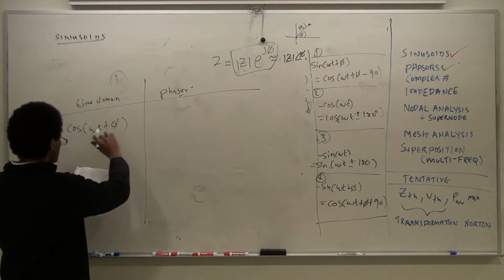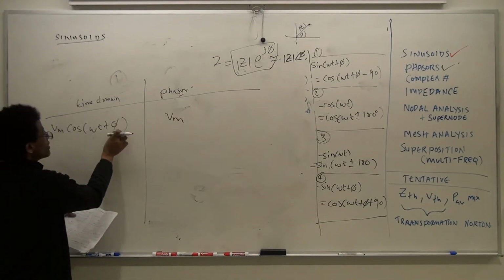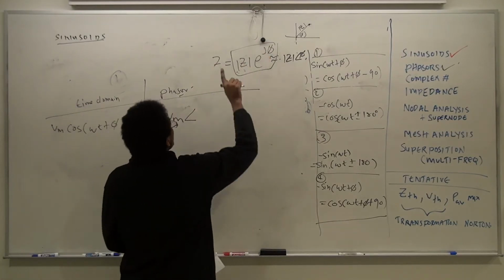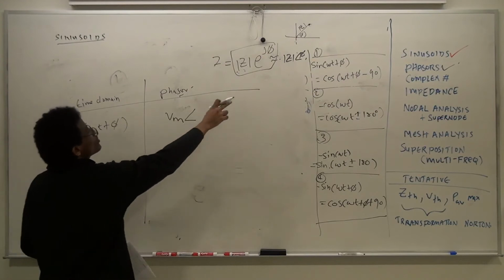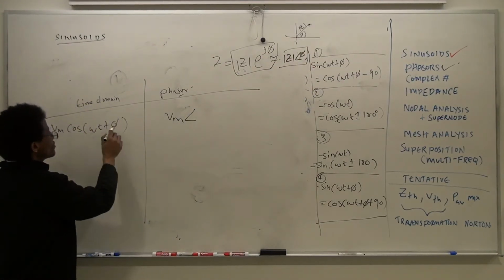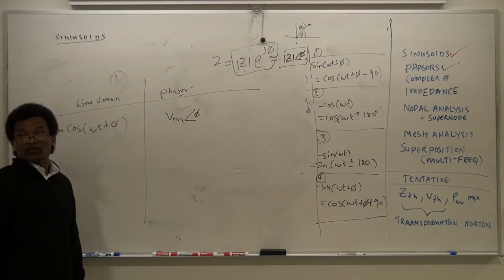The phasor would be Vm, remember the amplitude, and the angle phi. You can use e to the j phi. That's right, but let's use this notation. That's simple, very easy.